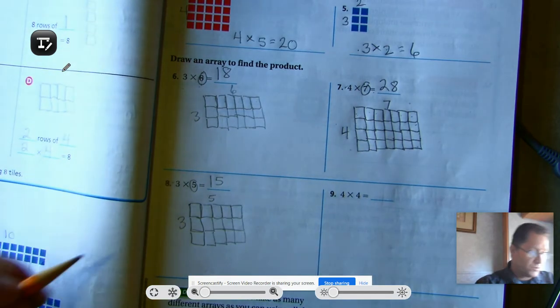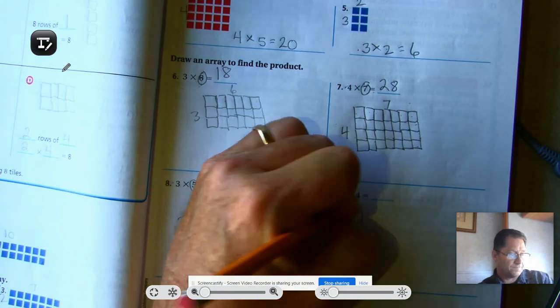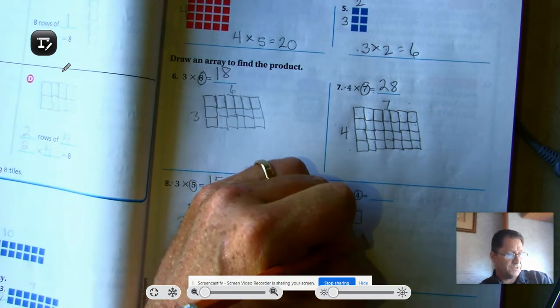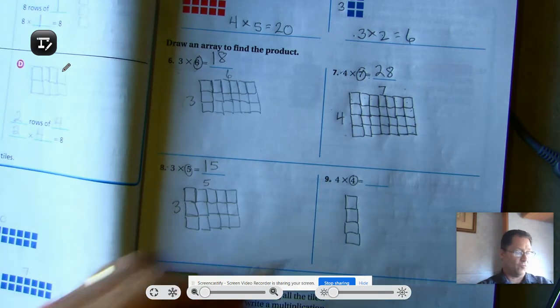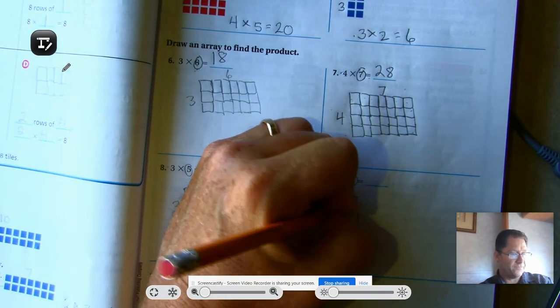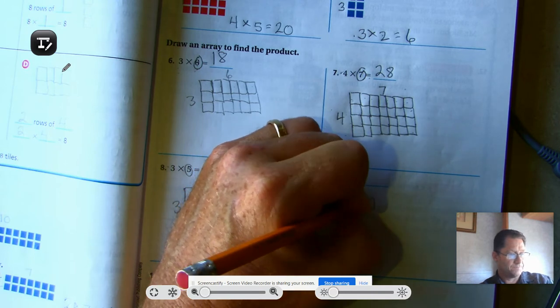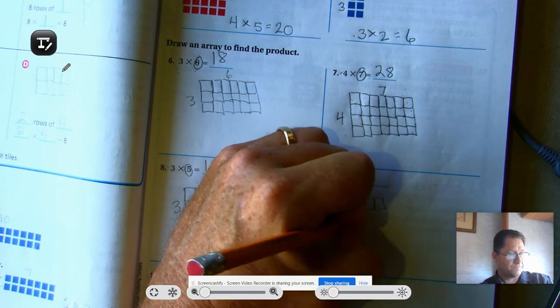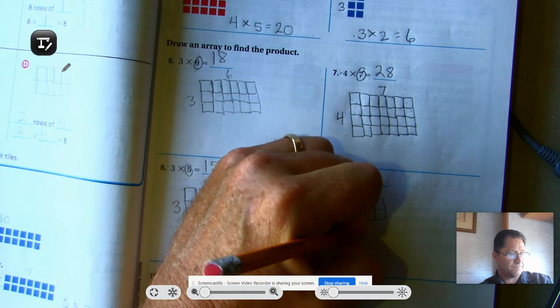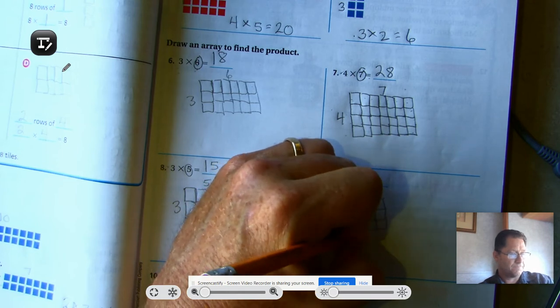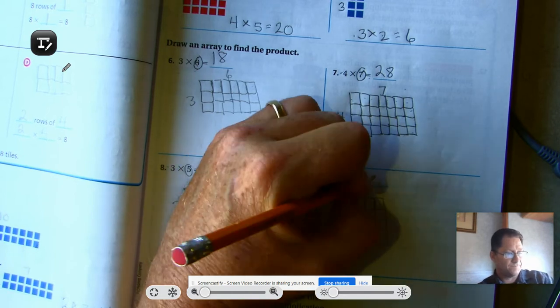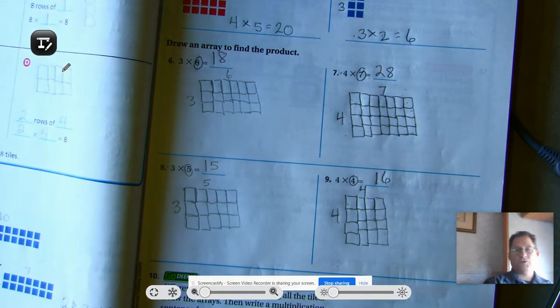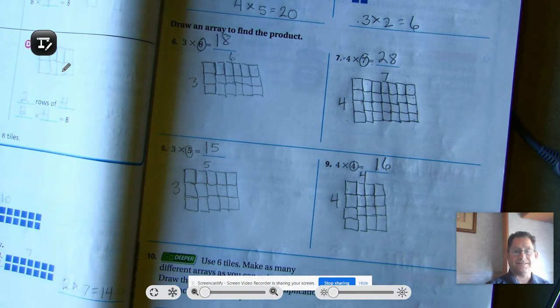Number 9, 4 rows of 4. So 4 rows, that's the first factor. 4 rows. Every row has 4. 4 rows of 4. And 4 rows of 4 is 16.